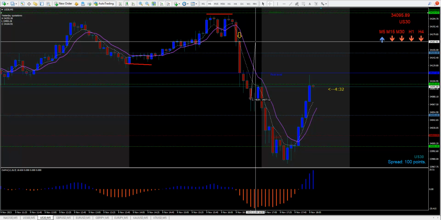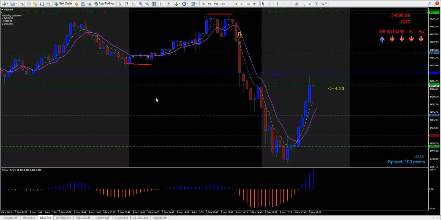So I will be showing you, when I plop the arrow down in real time, that's where you would enter the divergence setup that I am teaching you.